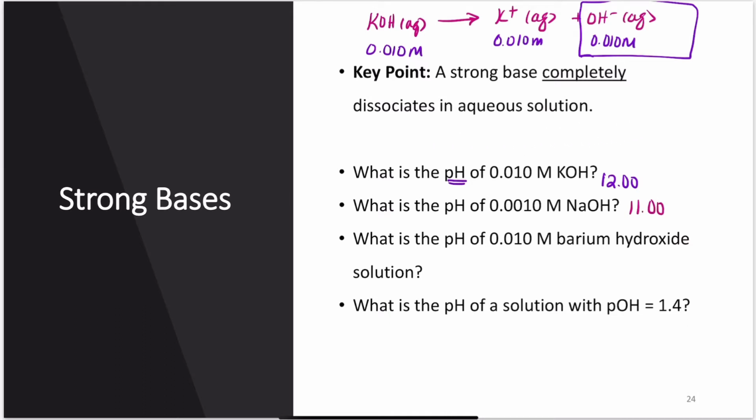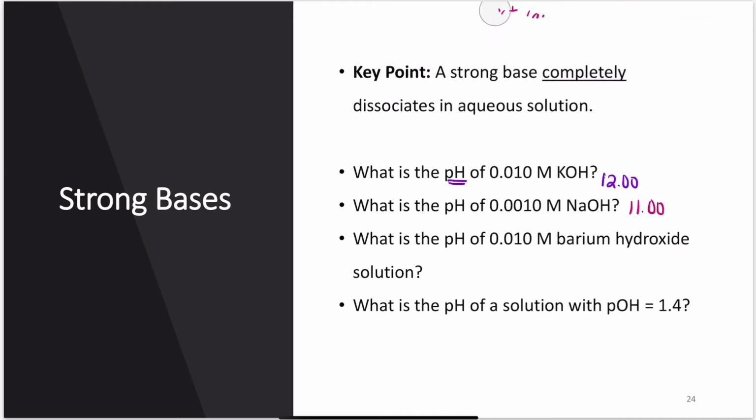Okay, what is the pH of a 0.01 molar barium hydroxide solution? Do not let this confuse you. Do not say, oh, 0.1 molar, 0.1 molar, it's got to be 12. What is barium hydroxide? Barium hydroxide is Ba(OH)2. In solution, it forms barium 2 plus, I have to write it like that, plus 2 moles of OH minus.